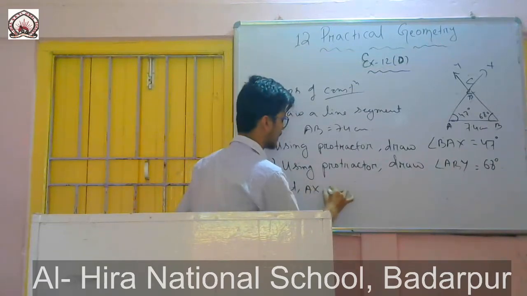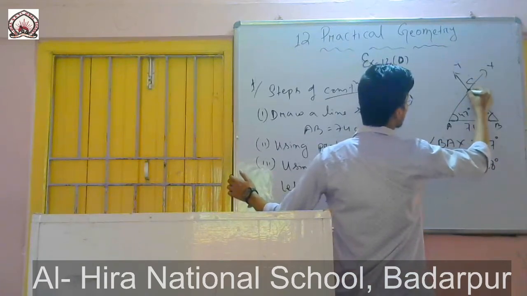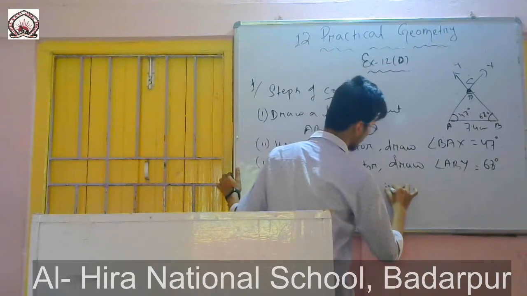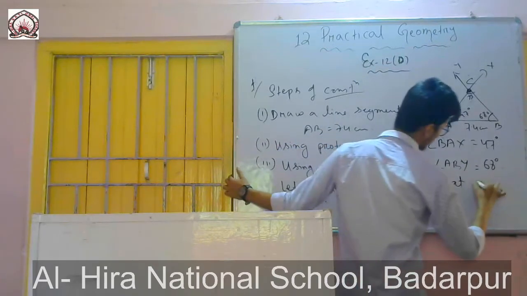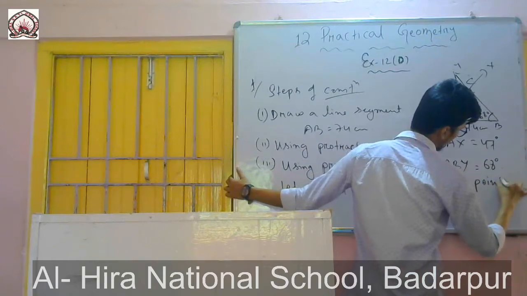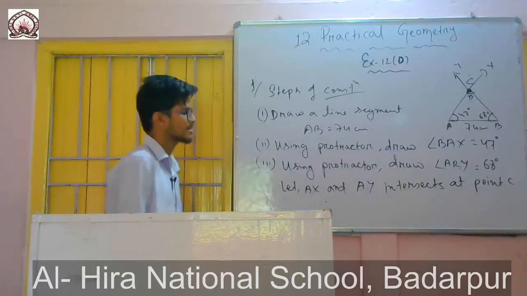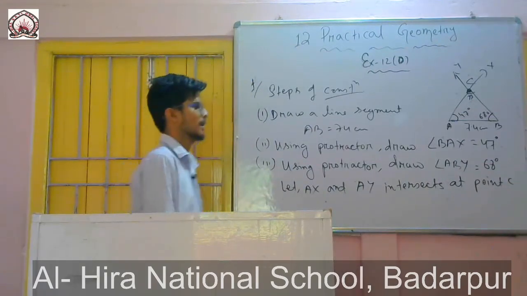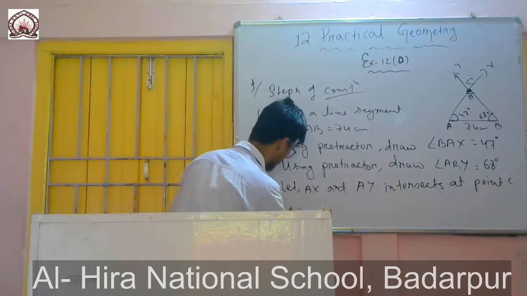Let AX and AY intersect at point C. You can write intersect or meet at point C. Then triangle ABC is the required triangle.